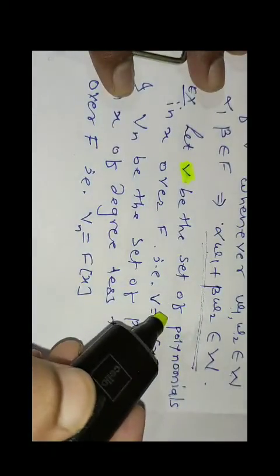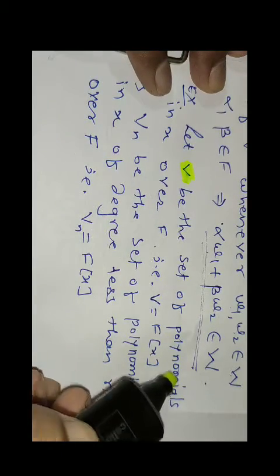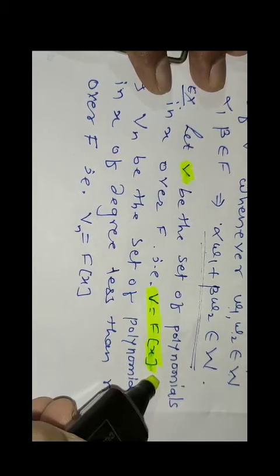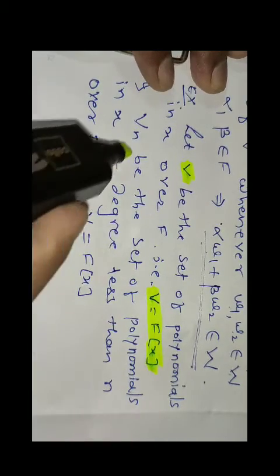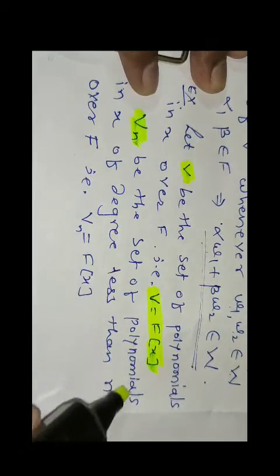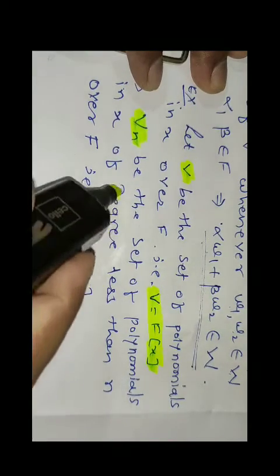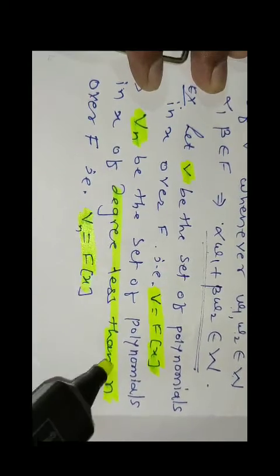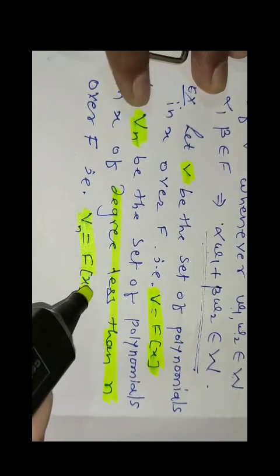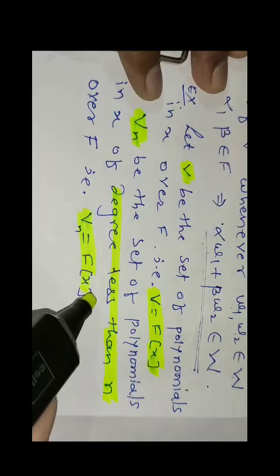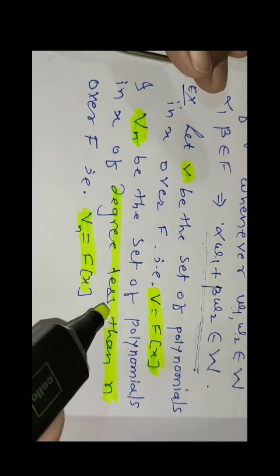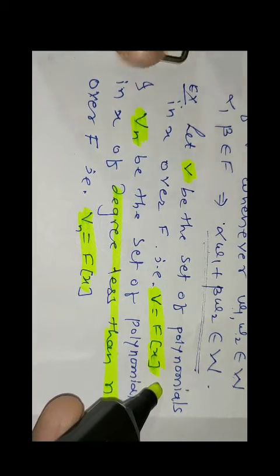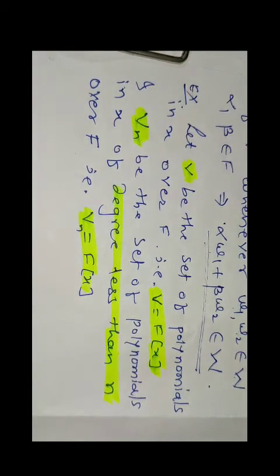Let V be the set of polynomials in X without restrictions on degree, and Vn the set of polynomials in X of degree less than n. There is a restriction: less than n. This set Vn is a subspace of the vector space V. This is a very first class example.